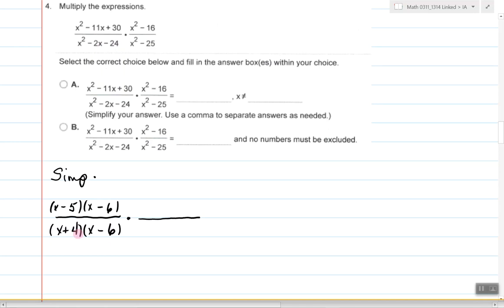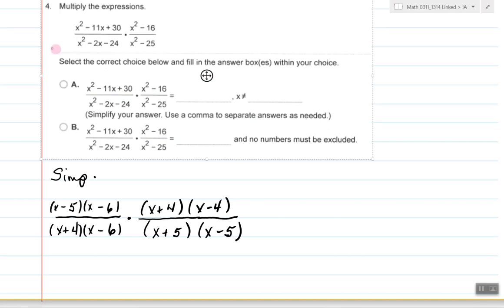If I check those with FOIL, I will get this polynomial. In the second fraction, the numerator is the difference of squares, and it factors to x plus 4 times x minus 4. The denominator is also the difference of squares, and it factors to x plus 5 times x minus 5.